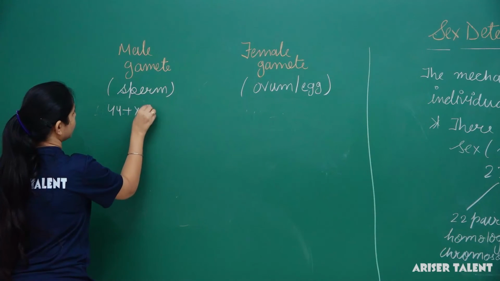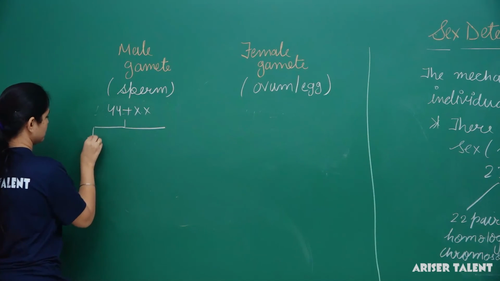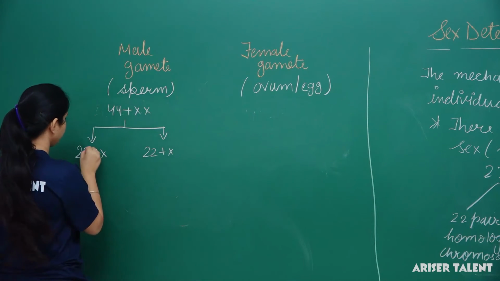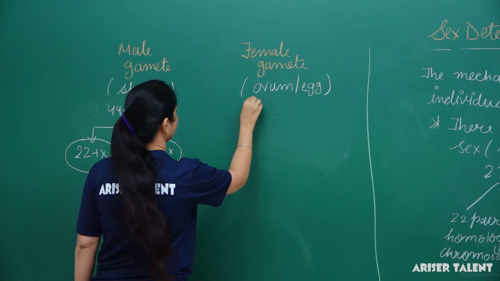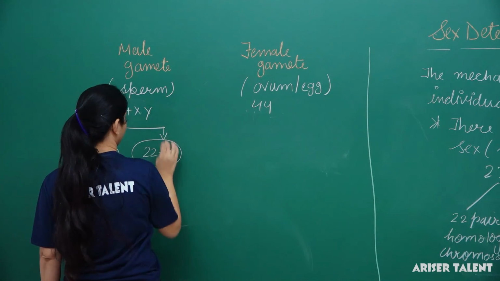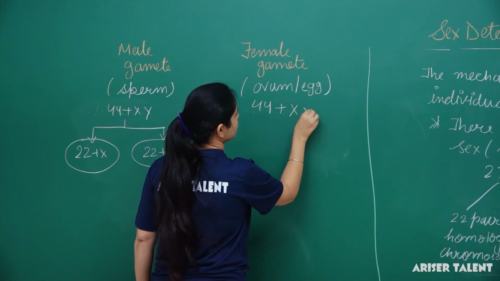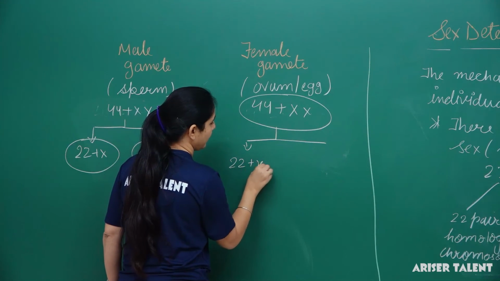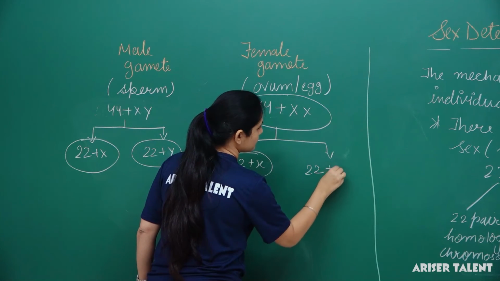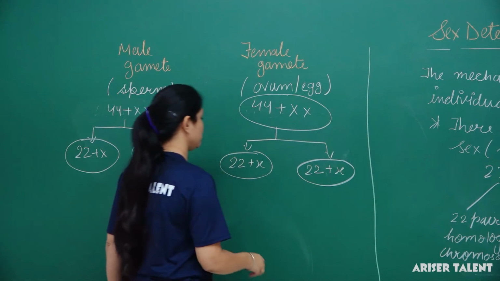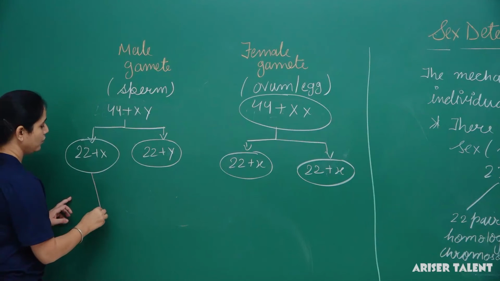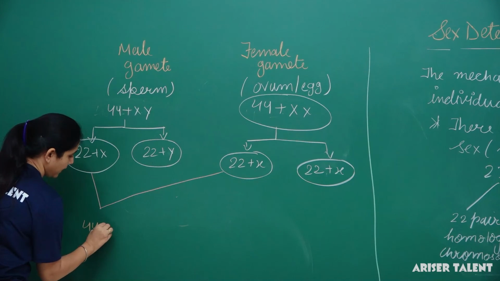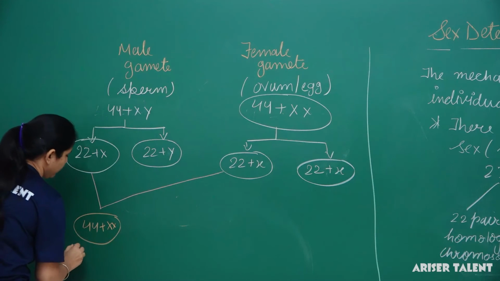The male has 44 plus XY, so the division will be 22 plus X and 22 plus Y. The female has 44 plus XX, so it will be 22 plus X and 22 plus X. When there is fusion between them, when this sperm gets fused with this egg, it will make 44 plus XX, and it will be a girl child.